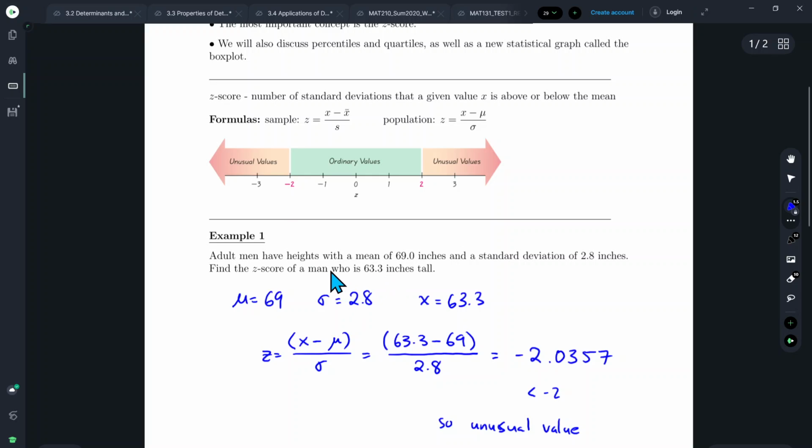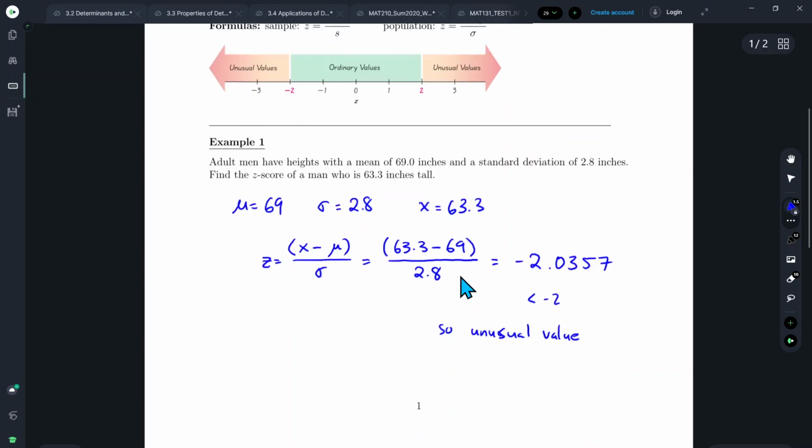What this means is that this person who's 63.3 inches tall is a little bit shorter than the typical person, who should fall within this range of z-scores. So it's somewhat rare to have a person who's this height. Okay, so that's the z-score.